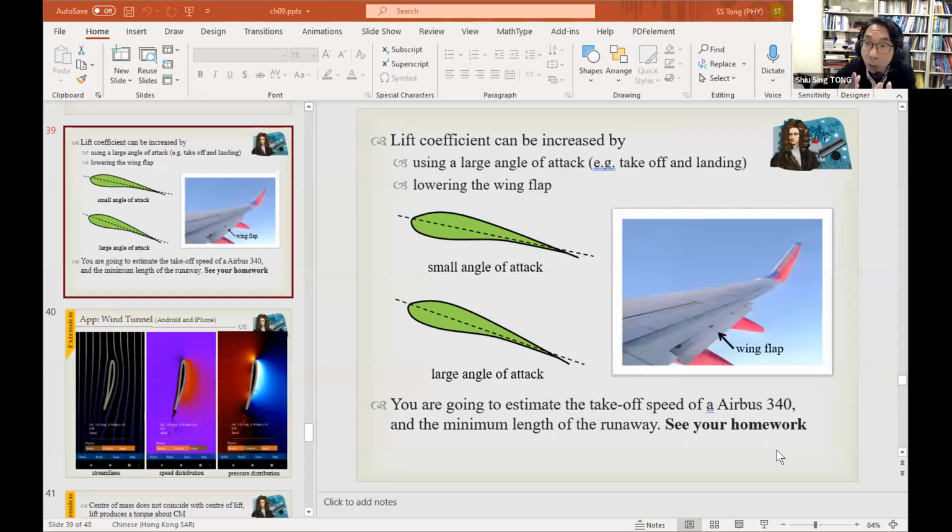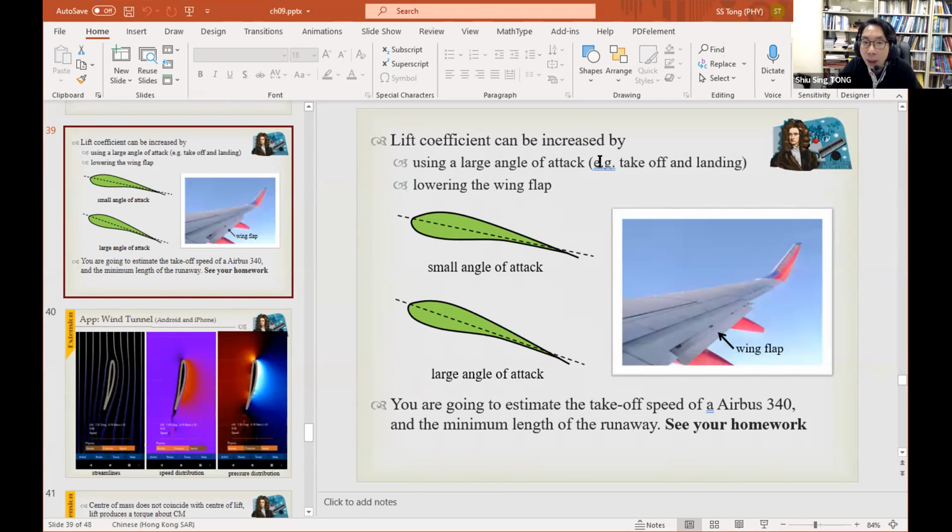Before the break, we mentioned that in order to increase the lift coefficient when the plane is landing or taking off, the angle of tilt, the angle of attack of the wing, will be increased, right? So people have to find some ways to tilt the airplane in order to increase its angle of attack.